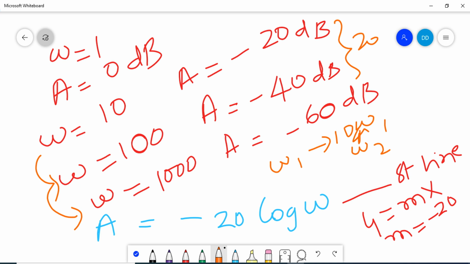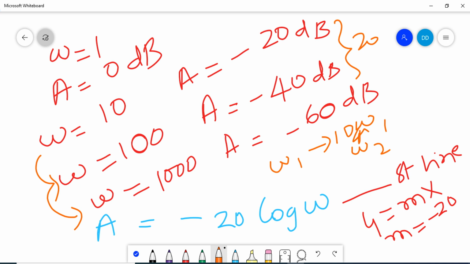So the magnitude plot for one pole at the origin of the S plane is a straight line having a slope of minus 20 decibels per decade. It is most important to remember. I repeat, the magnitude plot for one pole at the origin of the S plane will be a straight line having a slope of minus 20 dB per decade.